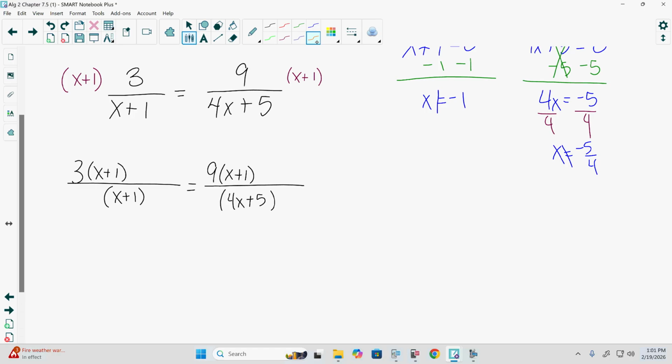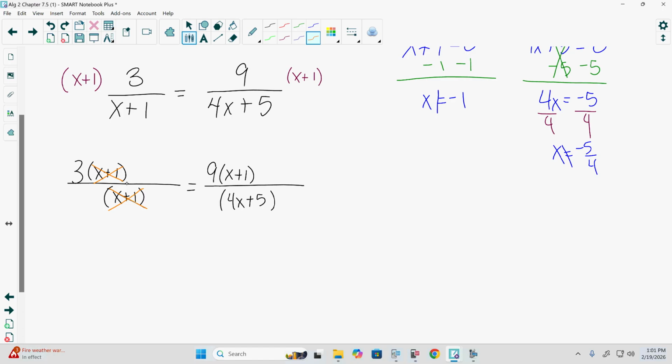Now this is kind of nice because on the left-hand side, we now have x plus 1 over x plus 1. The x plus 1 and x plus 1 will cancel out. They will simplify out. Well, they also simplify on the right-hand side. Well, no, because on top we have x plus 1. On bottom we have 4x plus 5.